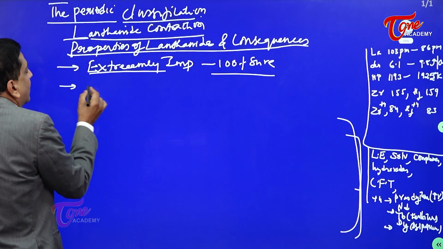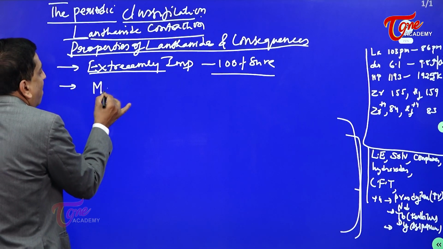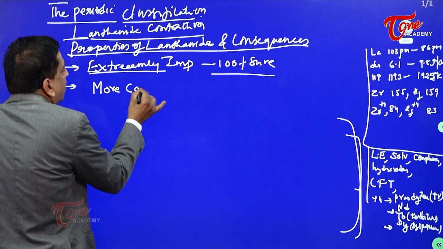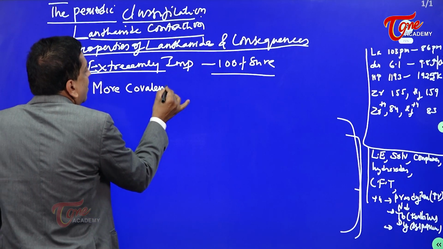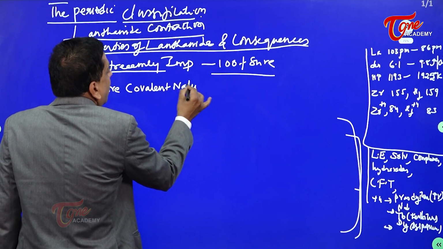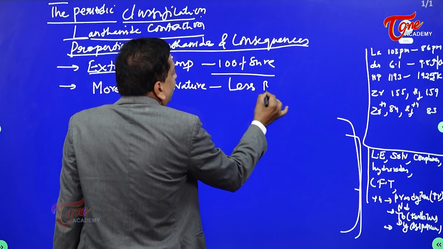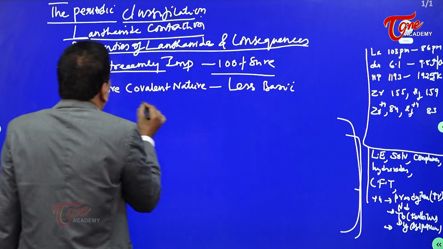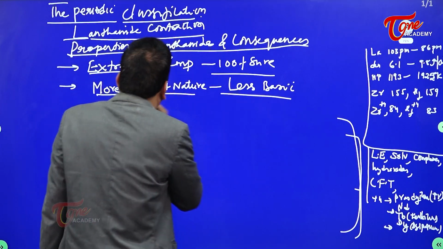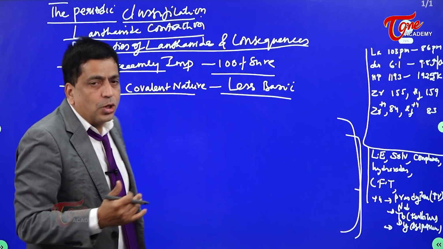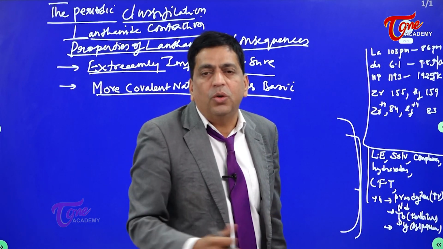What I mean is, more covalent nature, you're basically less basic. This is my contention. If you are more covalent nature, you will be more acidic and less basic. You are more non-metallic.